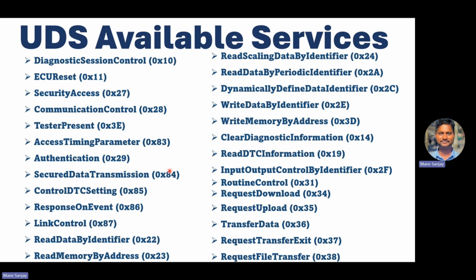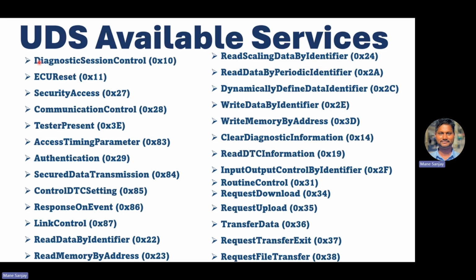All these services are available under UDS. As soon as you send this code from the client, the server acts and responds accordingly. That means when the tester sends a specific request for a specific service, the ECU responds accordingly.